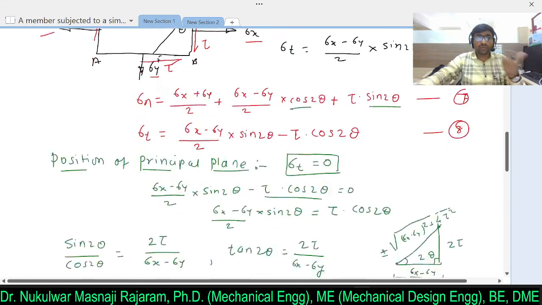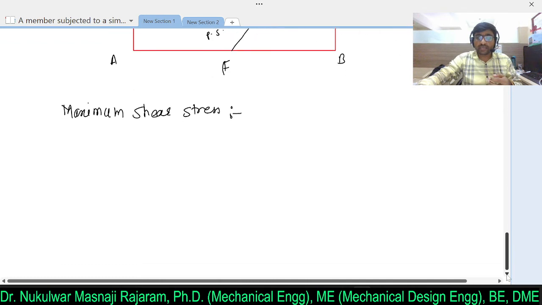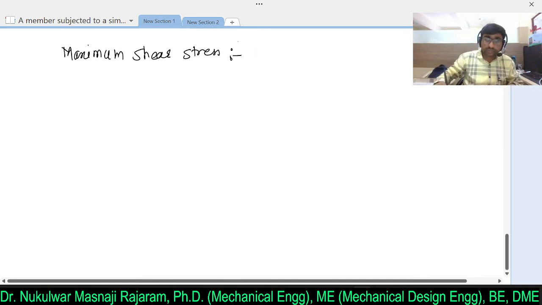What we want is the maximum, so in that case we can take the derivative of that equation. Simply, if you take the derivative, d divided by d theta of tau, equal to 0, then we can get the maximum shear stress.